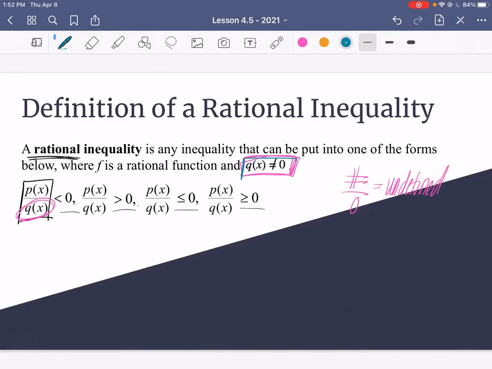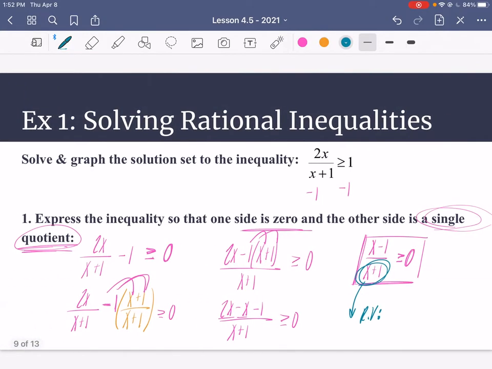We noted that the denominator cannot equal 0. So looking back here, x plus 1 cannot equal 0. This becomes really important when we're solving because we need to make sure that we account for that. And so if we subtracted 1 from both sides, that would mean x cannot equal negative 1. That's the one value it can't equal.